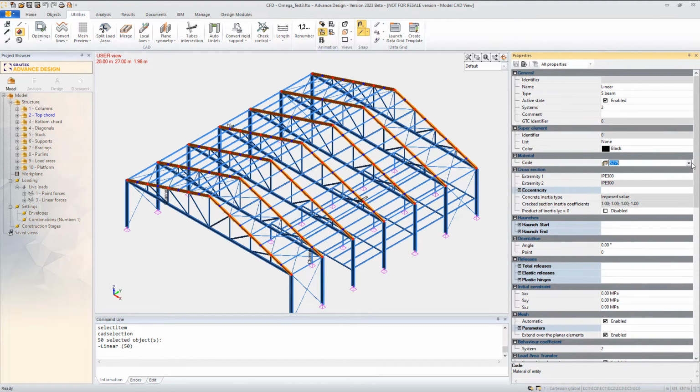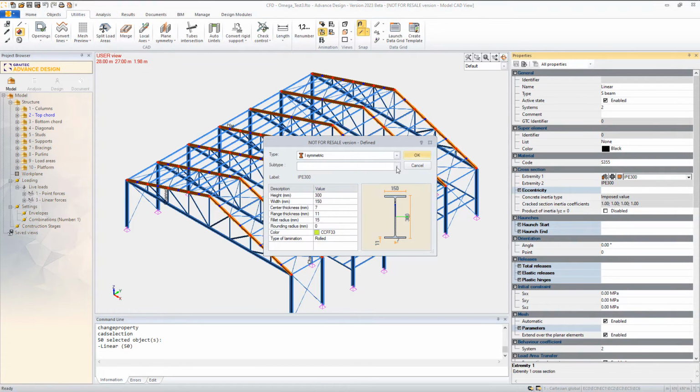So I will first select a higher grade, usually 350 or 355, and then I will select a user hat section from the list. So, Omega section there. Yeah, it's the default section, quite okay.